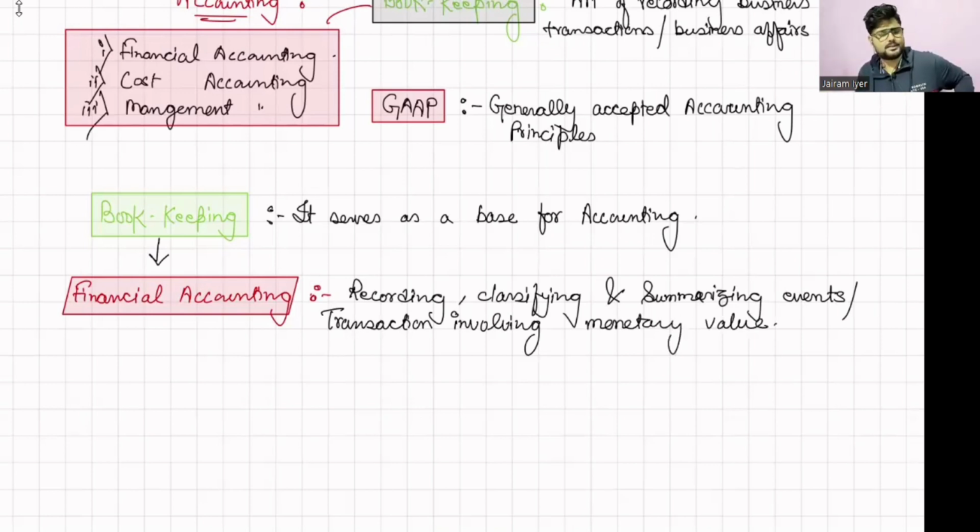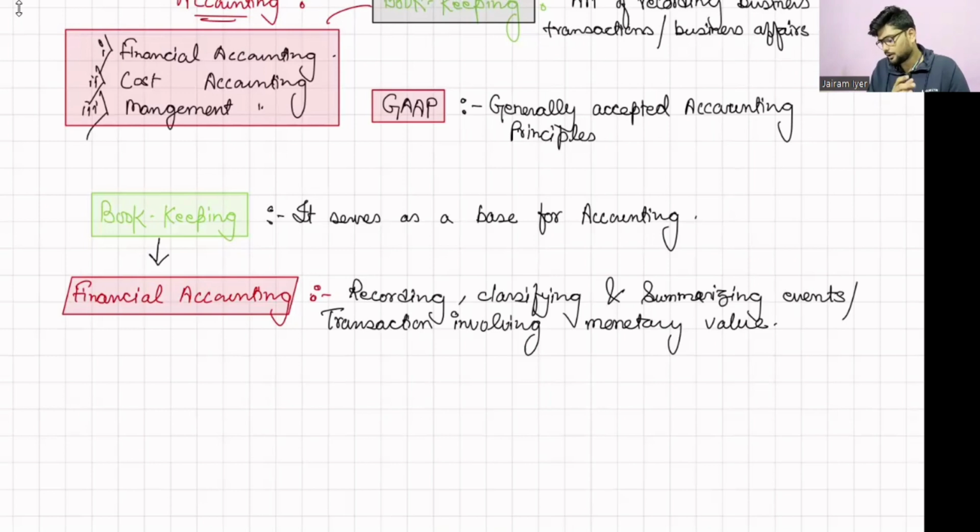Correct. This is the very layman language definition. It's not even from the book. After that session, you go through the book words. These are all given in your material. You'll understand better after reading those. So what is financial accounting? I'm saying it is the recording, classifying, summarizing of events or transactions which involve monetary value.